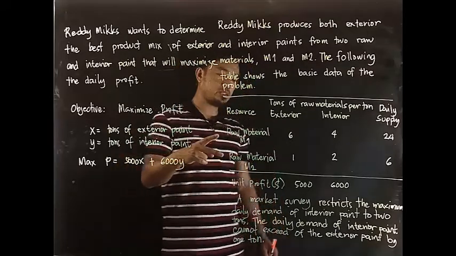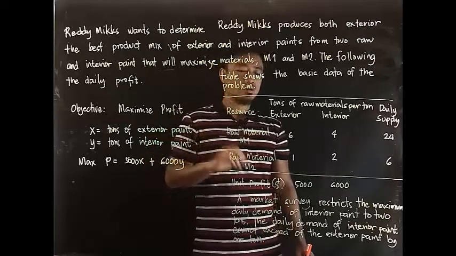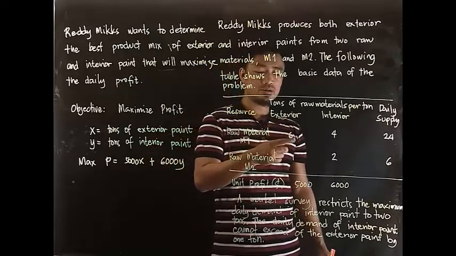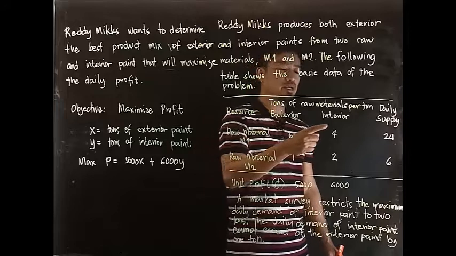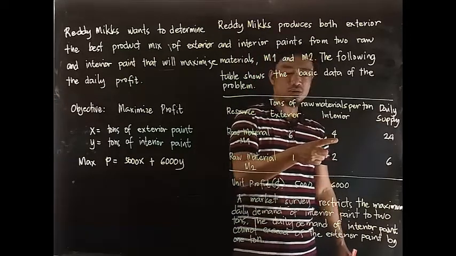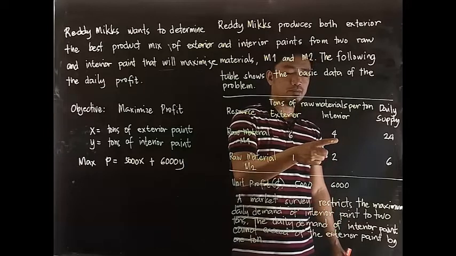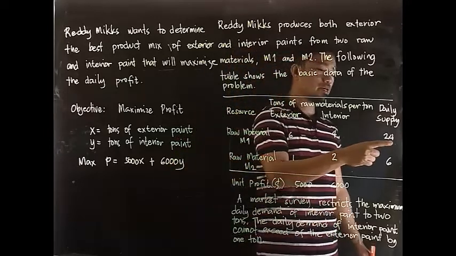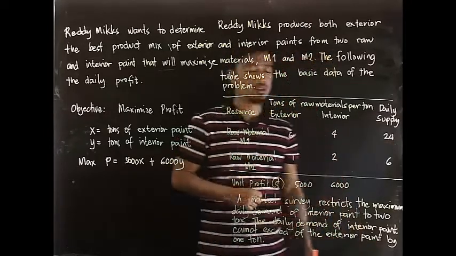So for the constraints on the raw materials, for every ton of exterior paint, you need 6 tons of raw material 1, and for every ton of the interior paint, you need 4 tons of raw material 1. And daily, you have a maximum supply of 24 tons.